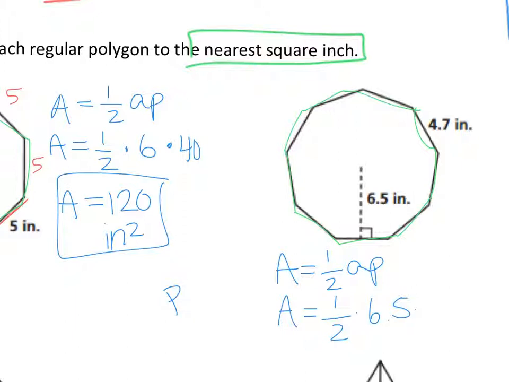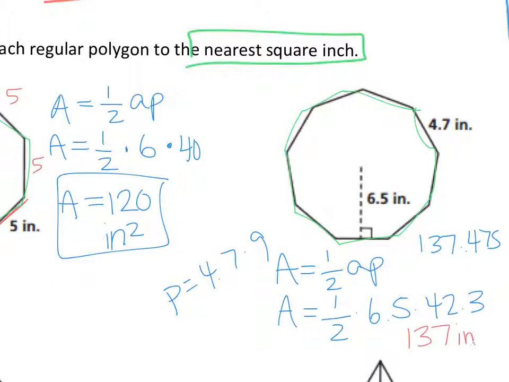So perimeter is equal to 4.7 times 9, which is 42.3. So 42.3 times 6.5 times 1/2 is 137.475. But to the nearest inch means to round to the nearest whole number. It's 137 inches squared.